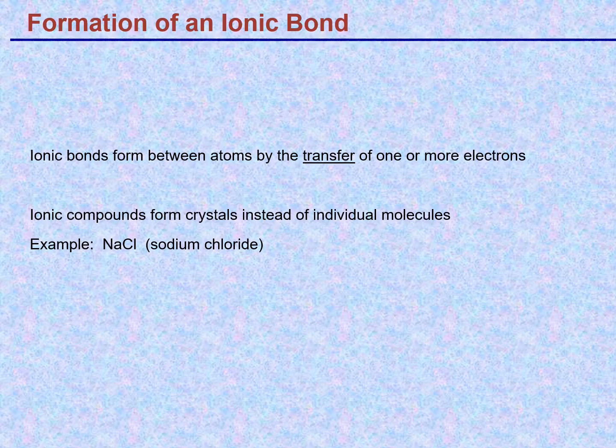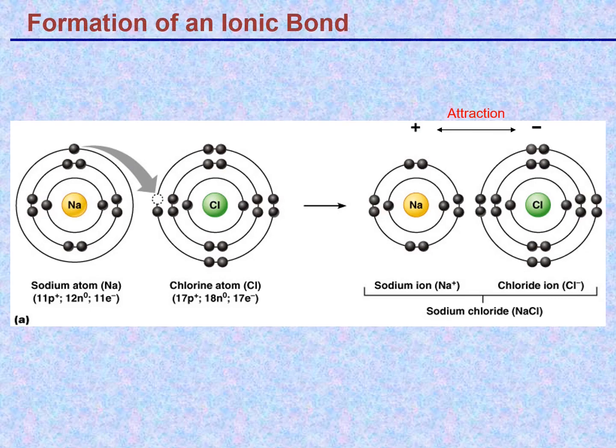And a very good example, a typical example and quite relevant to living organisms, is sodium chloride in solution, NaCl. When sodium, Na, interacts with chlorine, Cl, you get a transfer of that single electron that's in the outer orbit of the sodium.